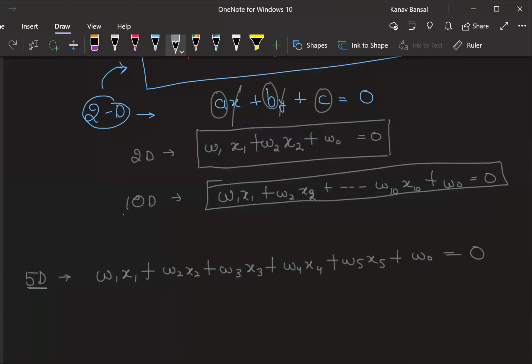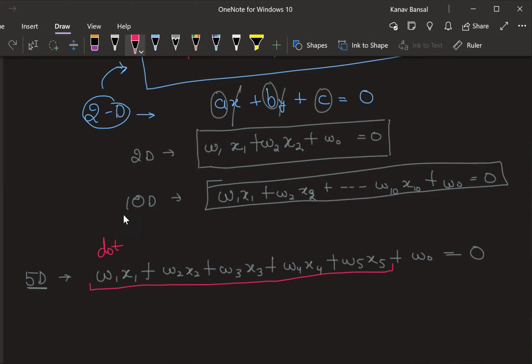Now, do you remember that we have already seen something like this earlier? Yes, Avanish, it is a dot product, right?